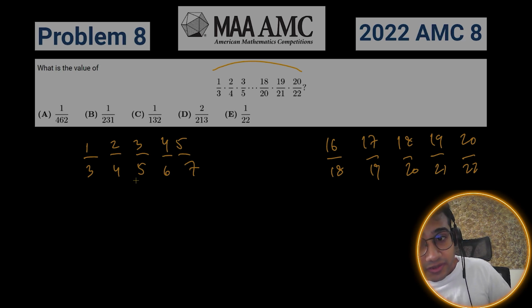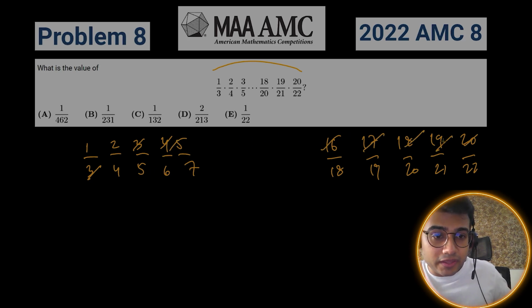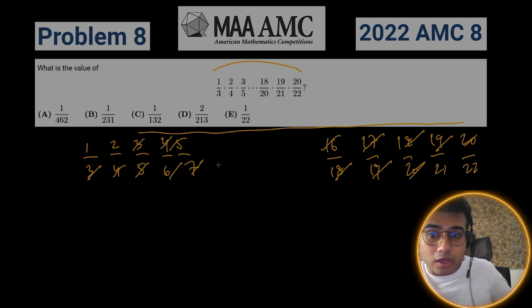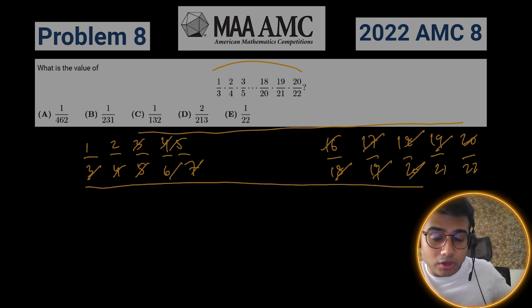So we see that 3, 4, 5, 6, 7, all of these are going to cancel out with the numbers here, because 3 until 20 is going to come in the denominators as well. So 3 to 20 at the top is going to cancel out from 3 to 20 at the bottom.